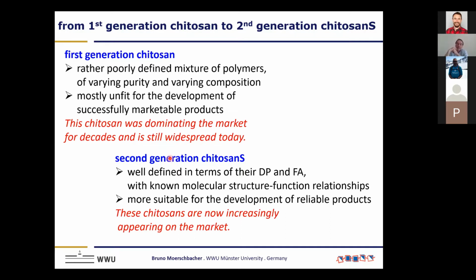And there are now a number of industrial producers of chitosans which have good quality management, which can produce such second-generation chitosans. And this is now leading to a renaissance of chitosan-based products. And for the first time in the history of chitosan, the demand for high-quality chitosans is higher than the production capacities in the world.